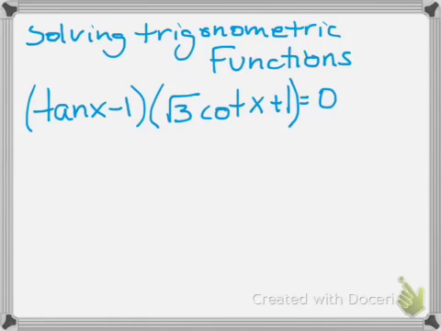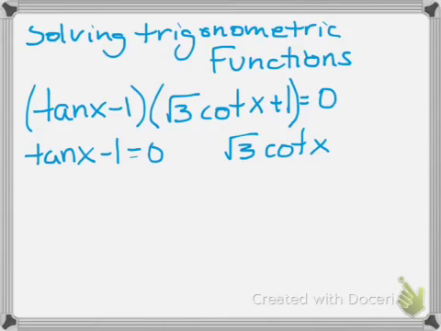So we set each one of these parentheses equal to 0. So the tangent of x minus 1 equals 0, and the square root of 3 times cotangent x plus 1 equals 0. Now we'll solve each of these equations for the trigonometric function.